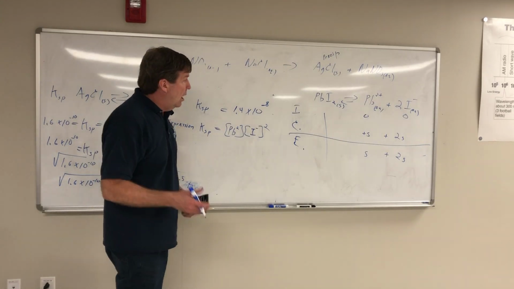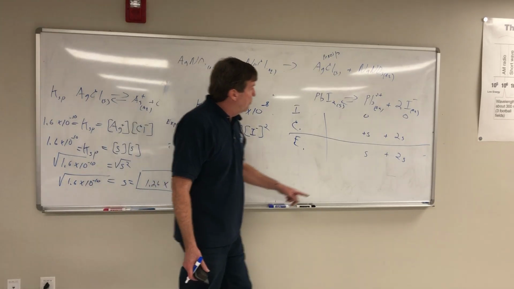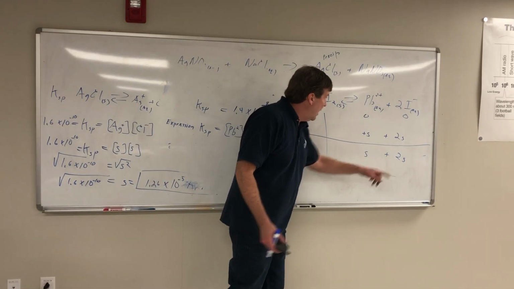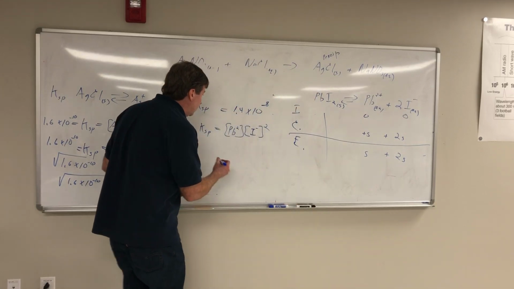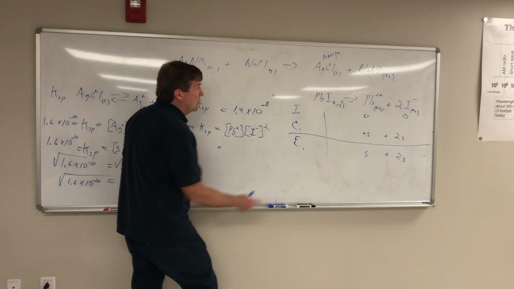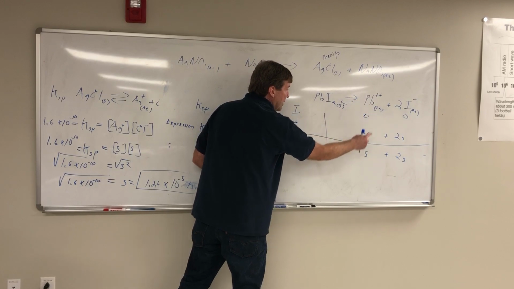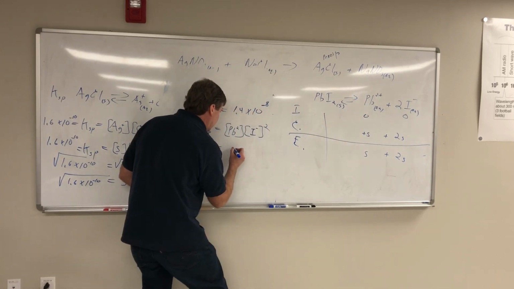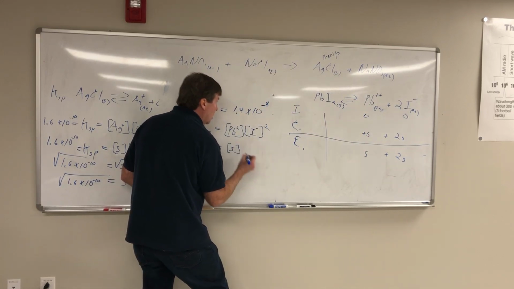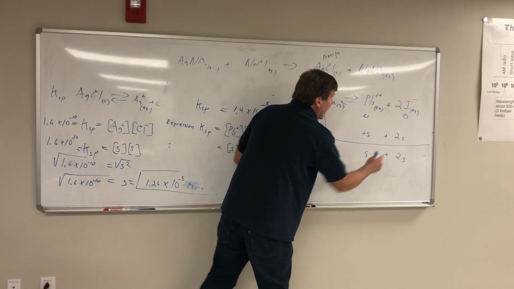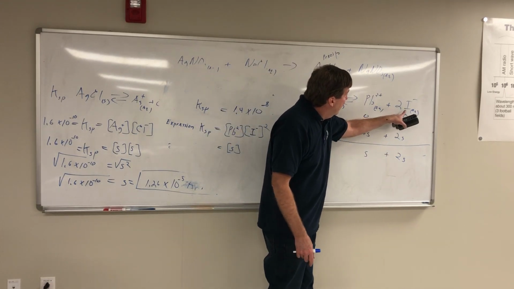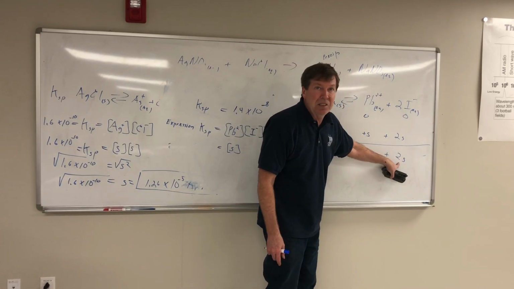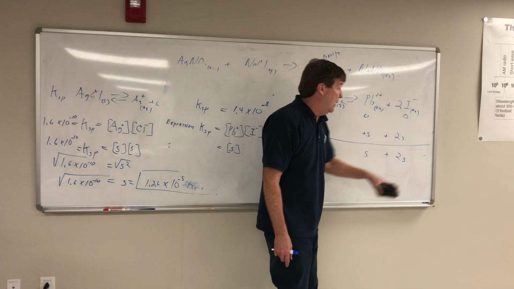All right, so notice at equilibrium, we've got S and we have 2S. Let's plug these into the right spots here. Lead double positive is S, so that's going to be S. Notice 2S would be the solubility of the I minus.